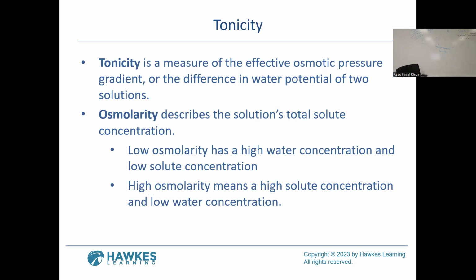Now here you have 300 on the inside and 30 milliosmoles on the outside. The water is going to go from where there is a little to where there is a lot until it's going to burst. It's going to lyse or burst.